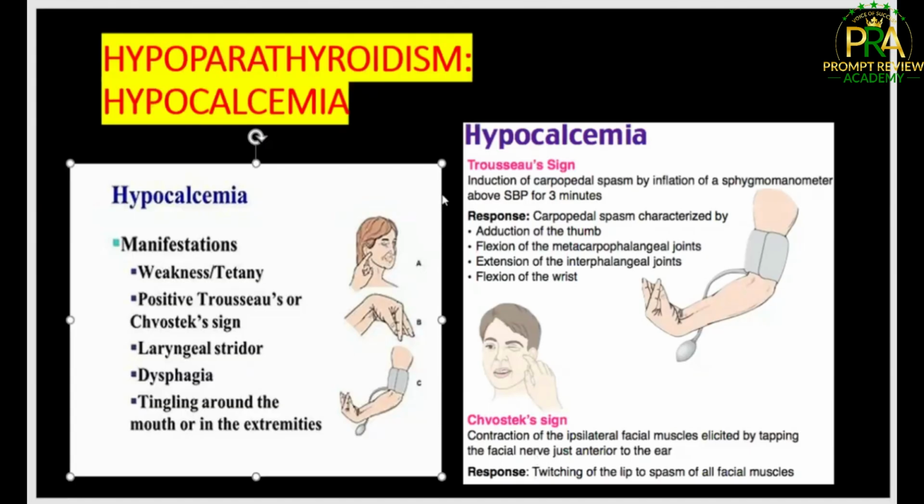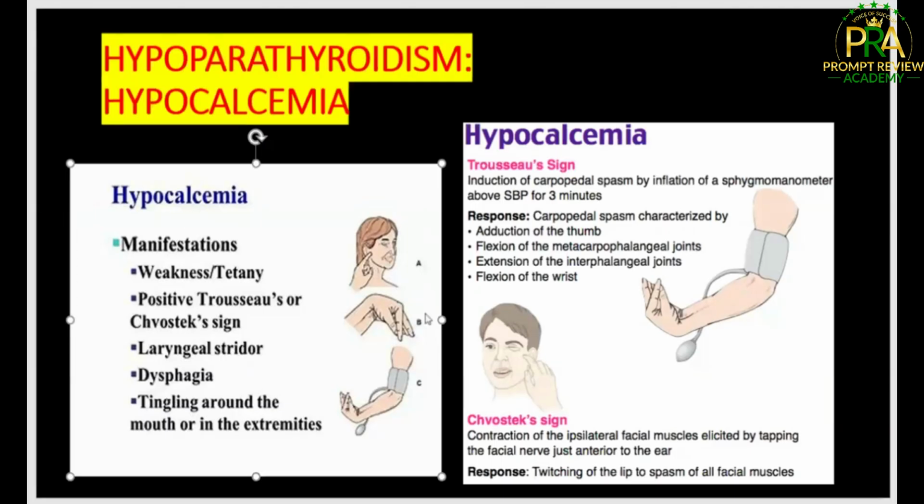Of course, you are going to remember they're going to have muscle cramps. They may end up with seizures. They may end up with tingling of the hands and the feet. But the major thing for the emphasis for the purpose of the exam, know the Chvostek sign, know the Trousseau sign, know tetany.